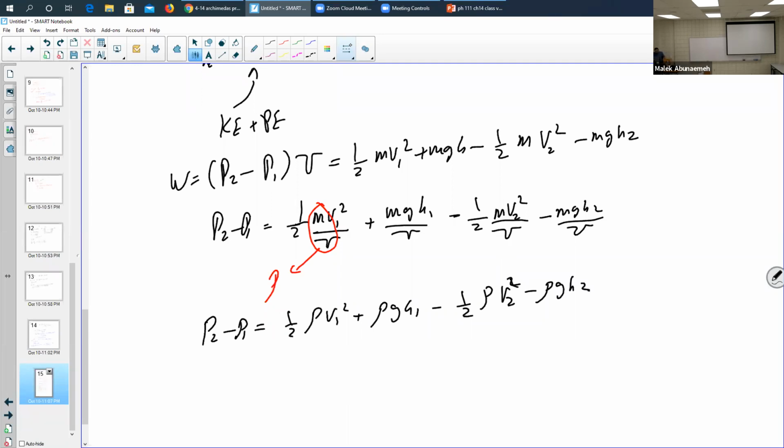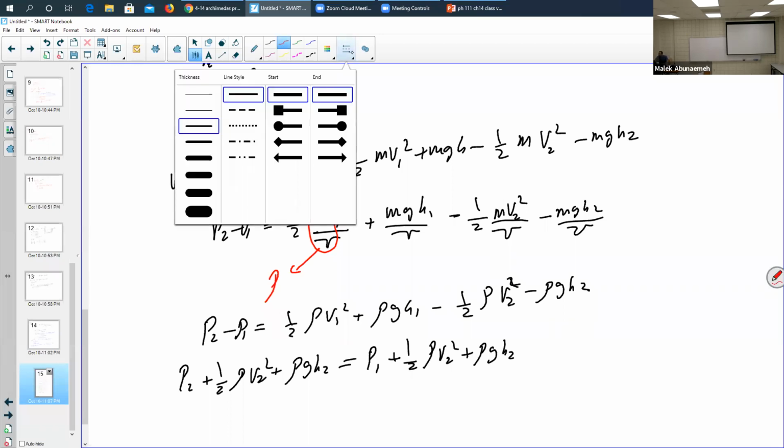Well, let's organize them. Let's put all the ones together and all the twos together. So you're going to have P2 plus 1/2 rho V2 squared plus rho GH2 equal to P1 plus 1/2 rho V1 squared plus rho GH1.